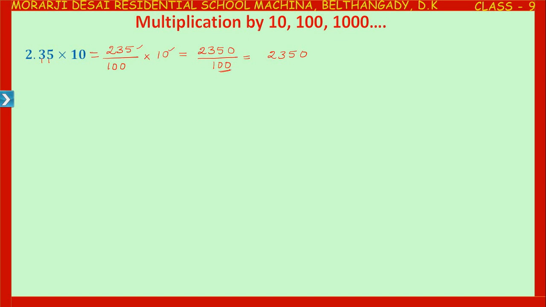So after the decimal point, 2 digits should come. 1, 2. So the decimal point is here. That is 23.50 or 23.5. If you get zeros at the end after the decimal point, no need of writing.